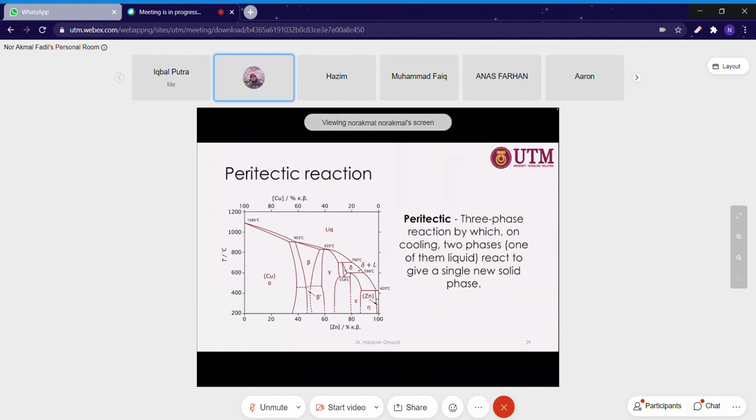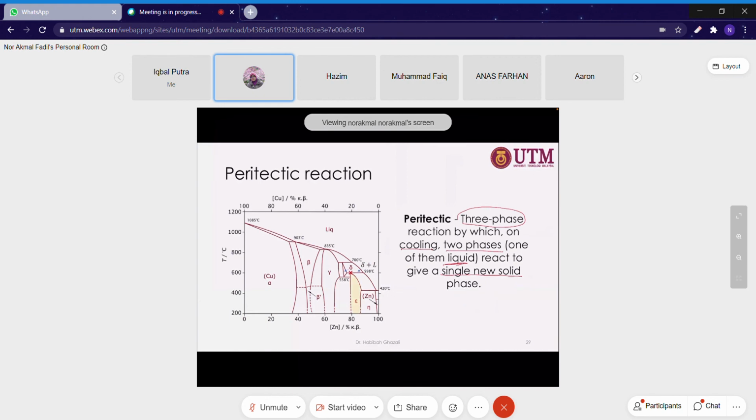Another isothermal reaction is peritectic. When we talk about peritectic, it is a three-phase reaction. During the cooling process, two phases, where one of them is liquid, meaning solid plus liquid, react at a single temperature to form a single new solid phase.